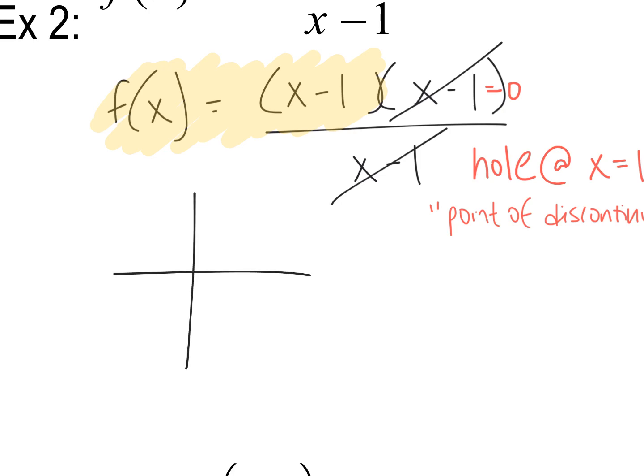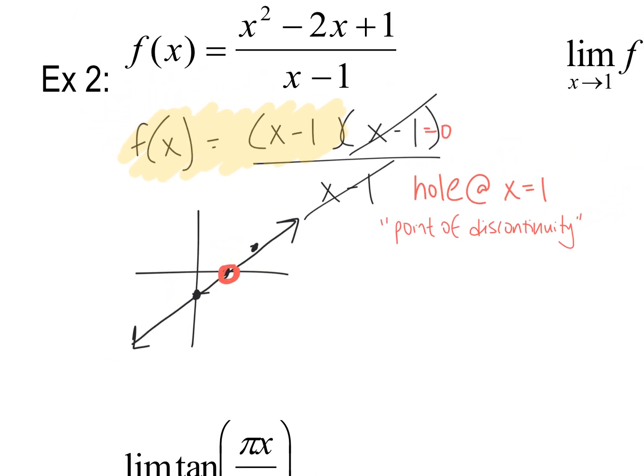Isn't it just a line like y equals mx plus b, starting at negative 1, and the slope is up 1 over 1, up 1 over 1, whatever? Here's what that graph looks like, except at x equals 1, there is a hole. So that should be an open circle right here. There's a hole in the graph, otherwise it's just a regular linear function.